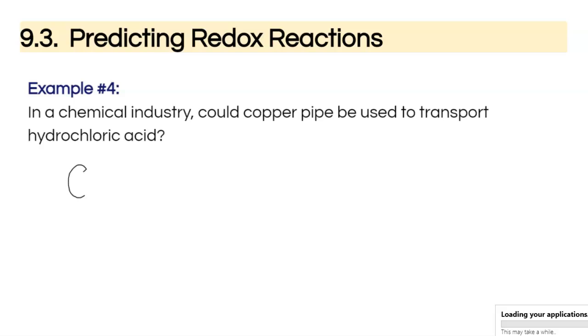So we need to assess what's going on here. I've got copper, which is solid copper, not the ion copper. I've got hydrochloric acid, so I've got H+, but I've also got Cl-. And because it's an acid, that means it's aqueous, and I'm going to add in water. And so there I've got all of my species that are of concern.